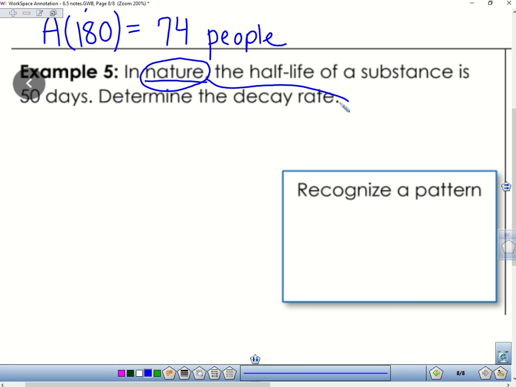Natural exponential growth and decay models the formula A of t is equal to a sub 0 times e to the rt.